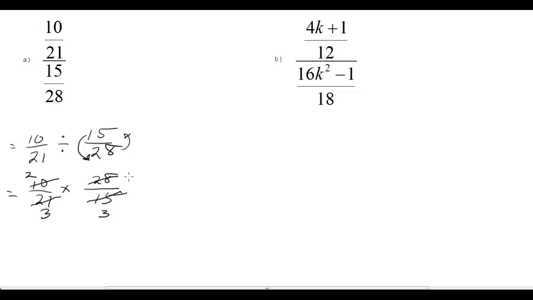And 7 goes into 28 4 times. And now we do division as we were taught back in elementary school. We multiply numerators by numerators. We get 2 times 4, 3 times 3.